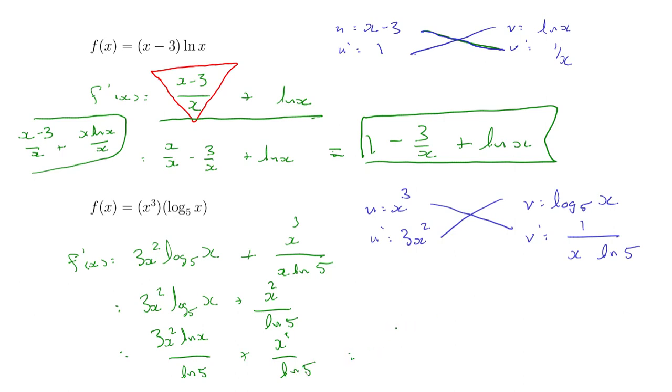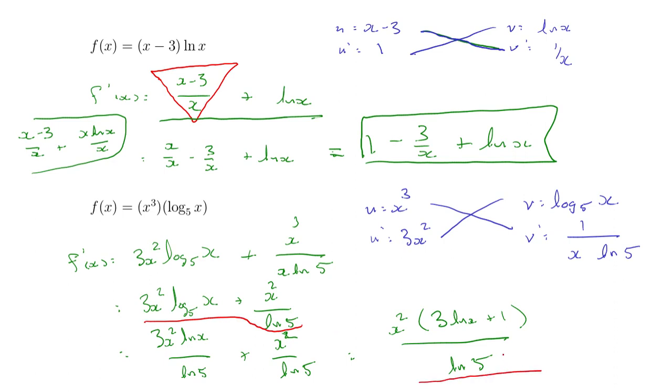And now you've got something like x squared times 3 natural log x plus 1 over natural log 5. I just added these things together and factored out my x squared common factor here. So you could do something like this, or you could just leave it the other way as well.